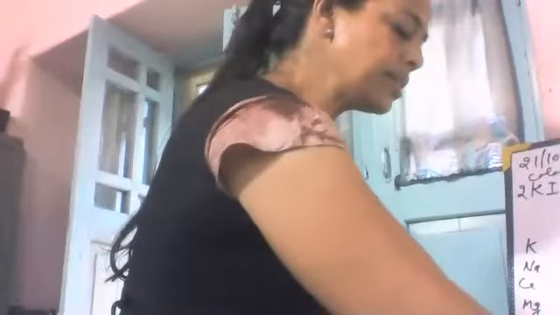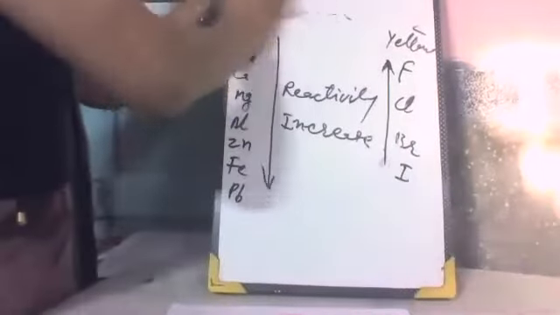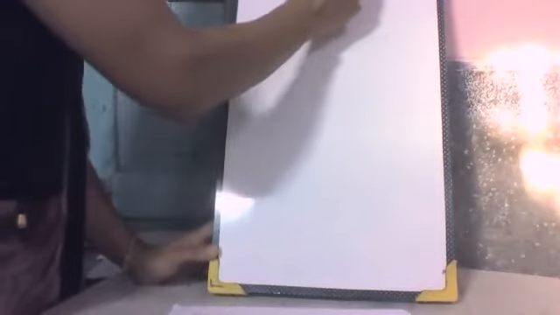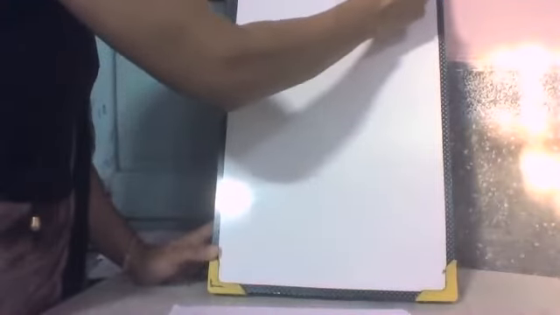Okay. The next is double decomposition. Here is a substance where two places are changed.